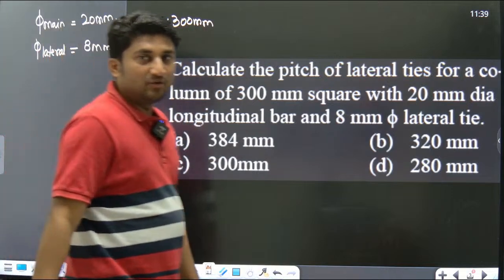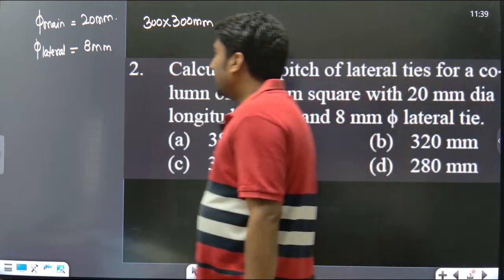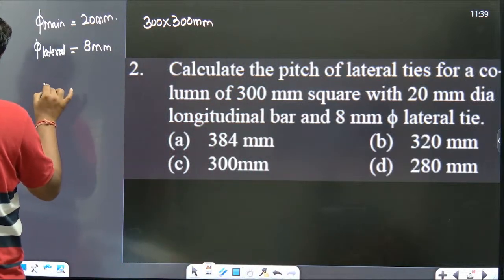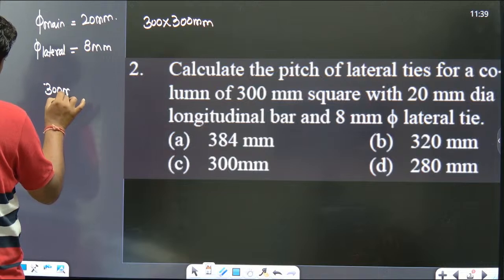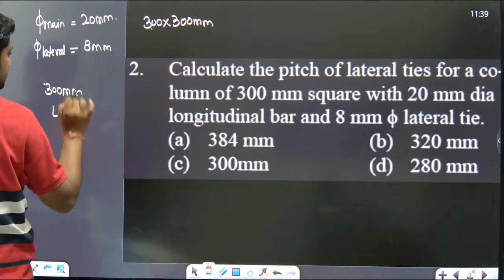Very good, Vignesh. This is the correct answer. So there are 3 codal provisions which state: least lateral dimension, 16 times the smallest dimension of the longitudinal bar, or 300 mm. Understood, everyone? Least lateral dimension: it is a square, so the least lateral dimension is 300 mm only.